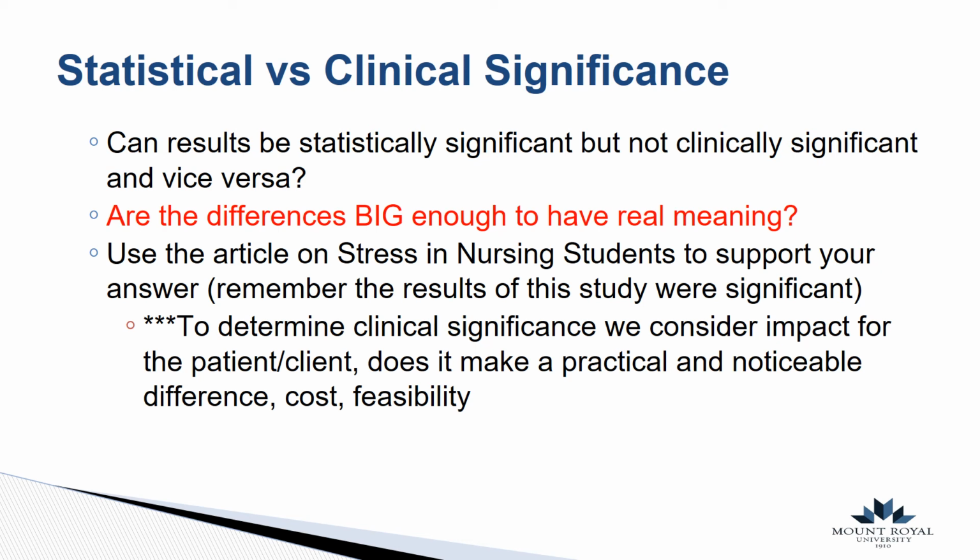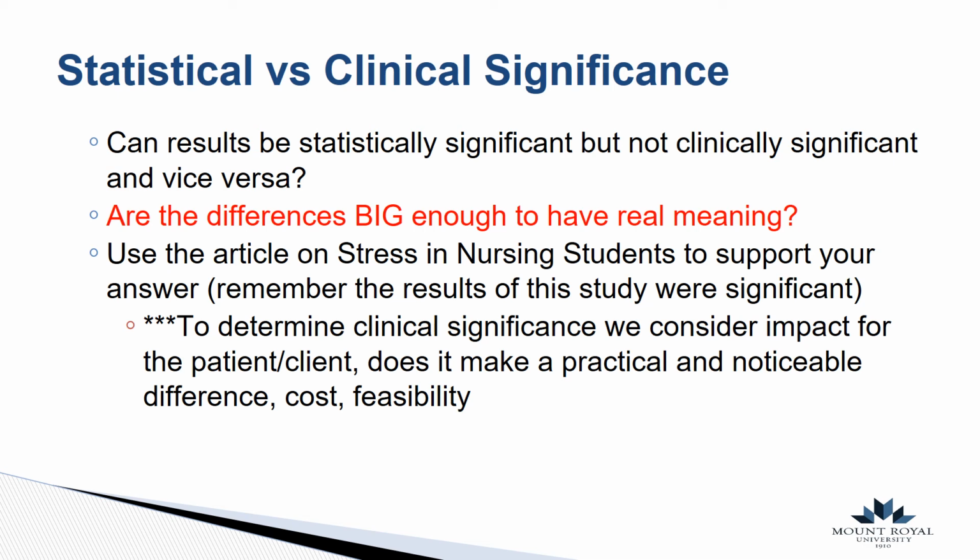Sometimes something might not be determined to be statistically significant, but it still could have significance in the clinical setting. And so we ask ourselves, are the differences big enough to have real meaning? And we're going to look at the article on stress in nursing students in our synchronous session to support your thoughts around statistical versus clinical significance.